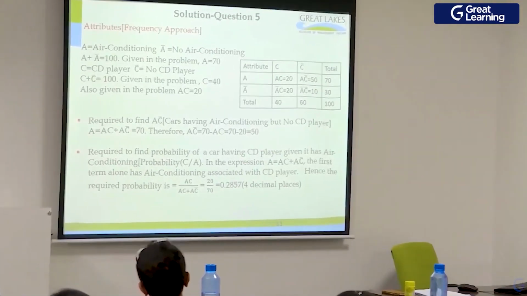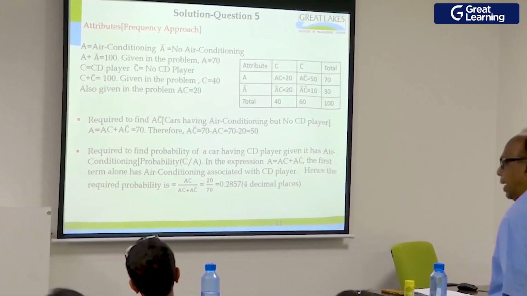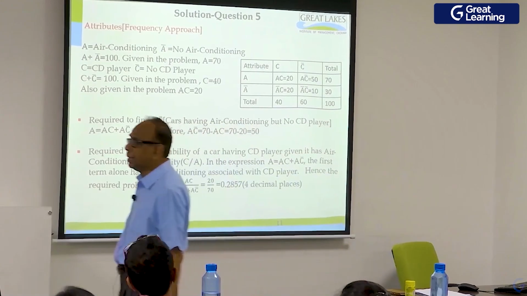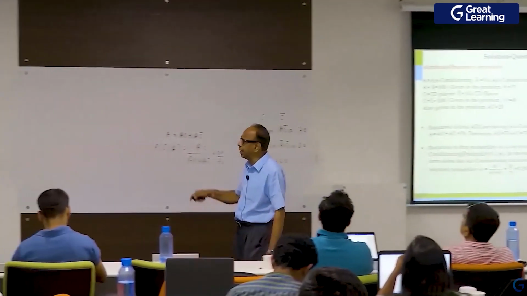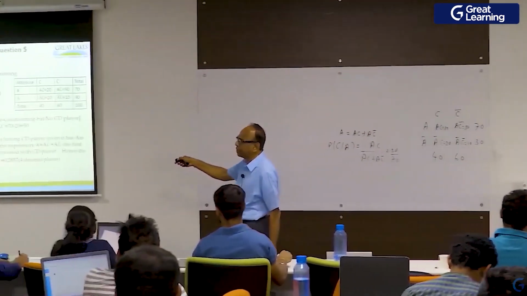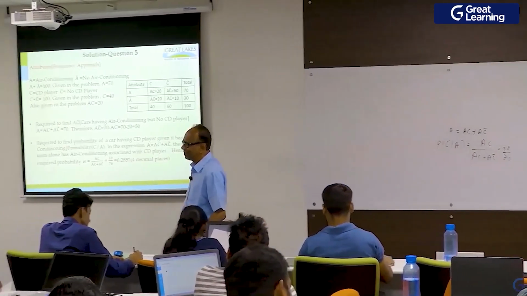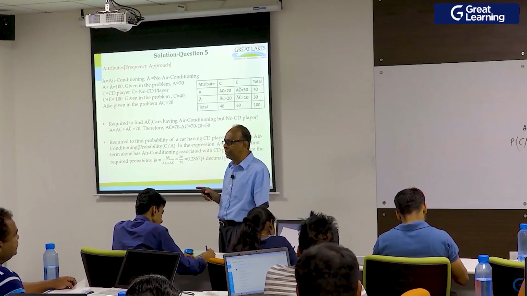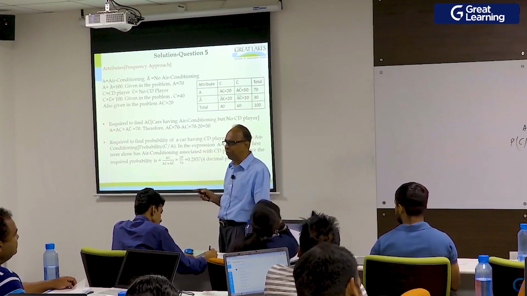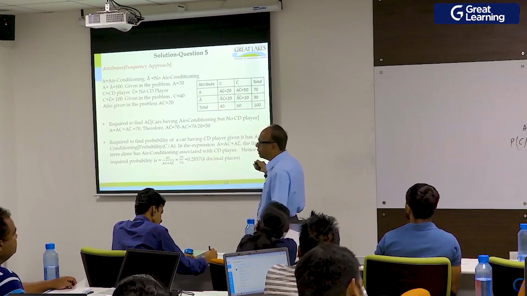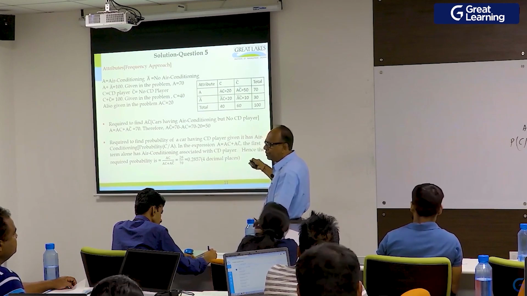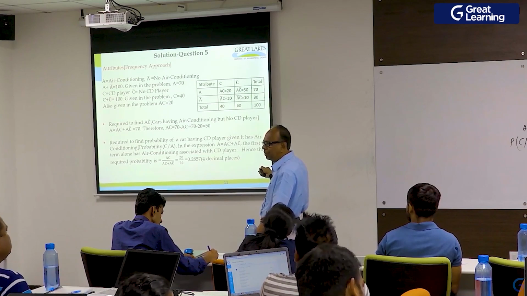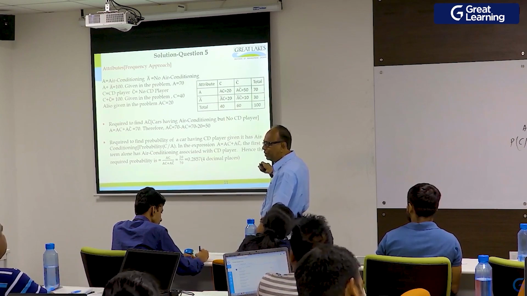So we have conditional probability, marginal probability, simple probability, and simultaneous occurrence. In this case, there is no simple probability because the air conditioner is associated with C or not. Simple probability means a simple event, where only one event is there. AC is the joint probability. A bar is the complement. A or C is the union. A into C is the joint probability.